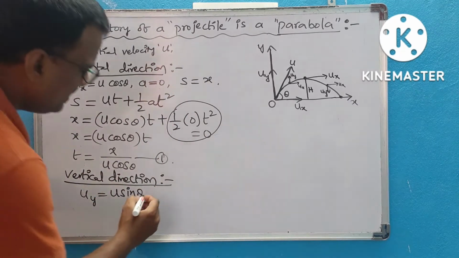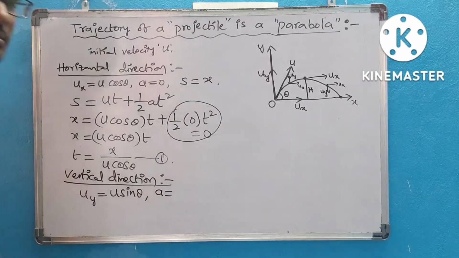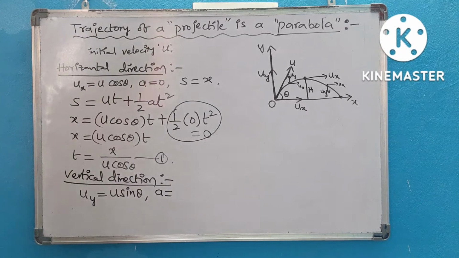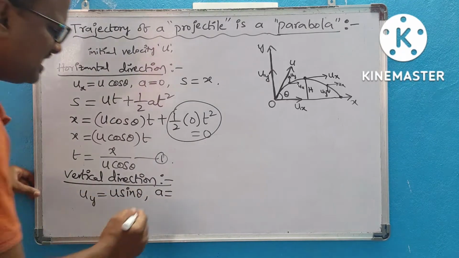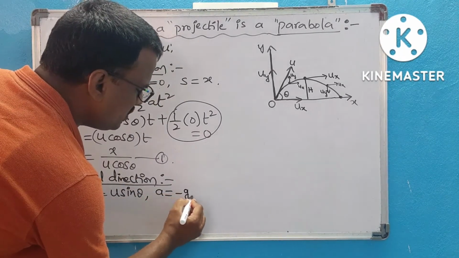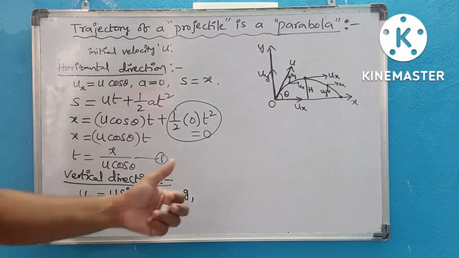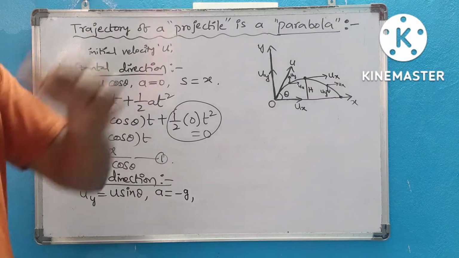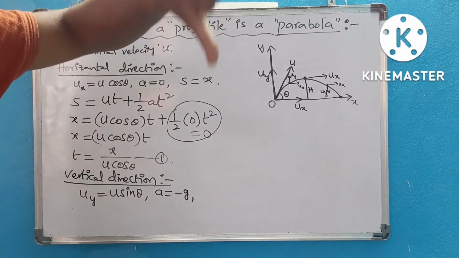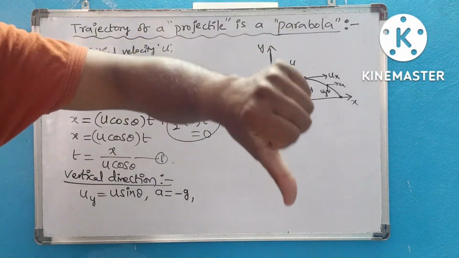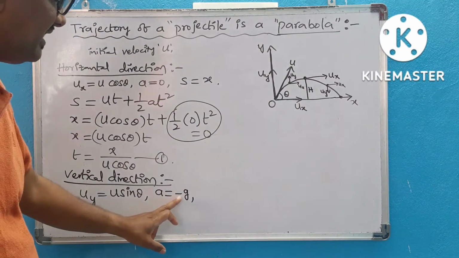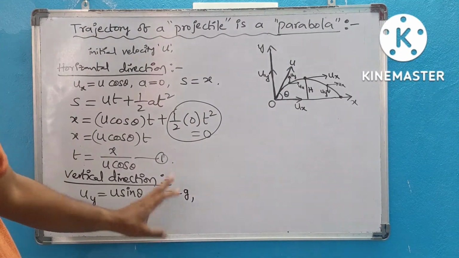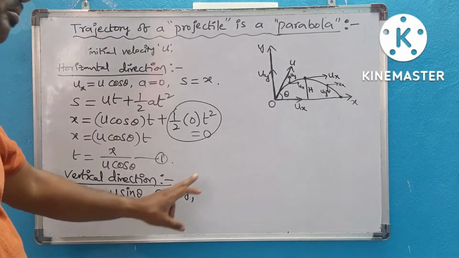Here acceleration due to gravity is applicable on the body, so a equal to minus g. Why minus g? The body goes in the upward direction, but the acceleration due to gravity always acts in the downward direction, so we take the minus sign. So a equal to minus g.